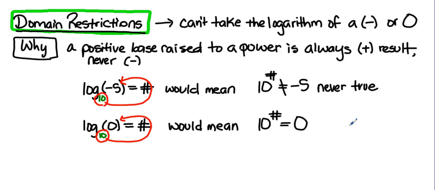There is no value that would ever make that true. So that is why we cannot take the logs of negatives or the log of 0. We need to restrict any value of x that would create a negative or 0 in the argument.